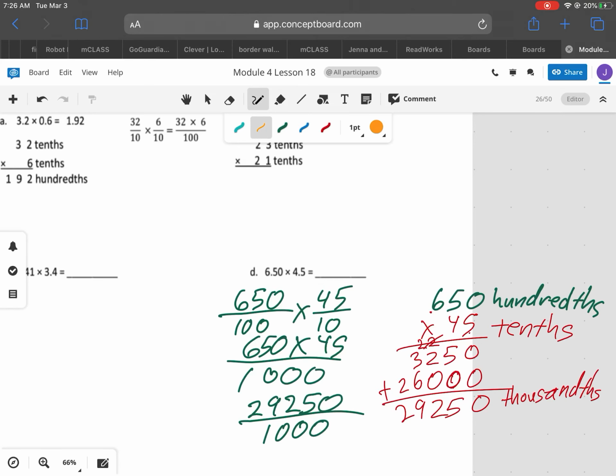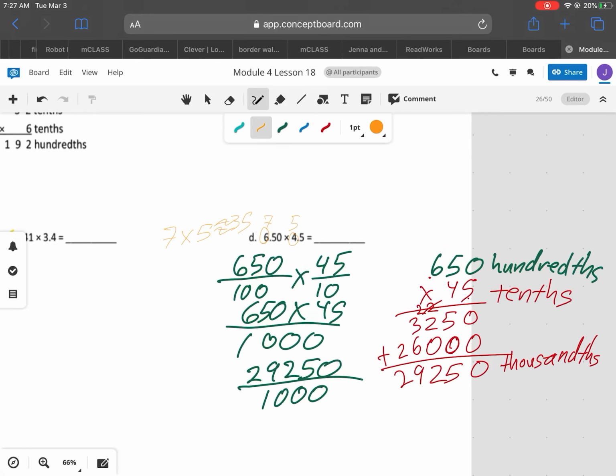Okay, let's do my estimation first. I would say it would be 7 times 5 gives me 35. So my answer should be about 35, because I'm going to round this up to 7. I'm going to round this up to 5. 7 times 5 equals 35. And I have 29. So right there I should know that my decimal is going to go after the 29.